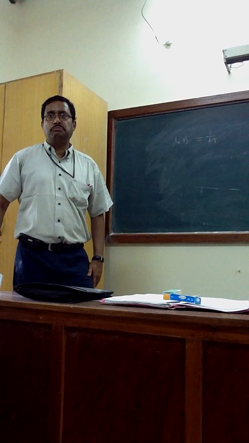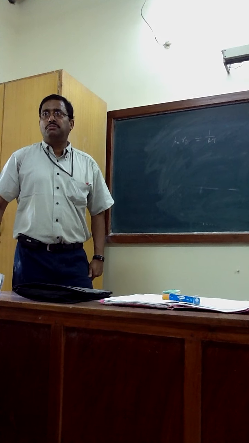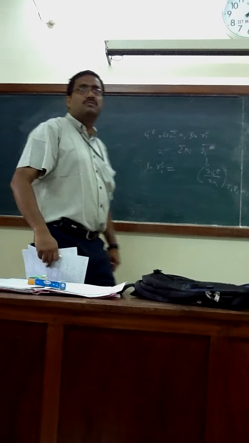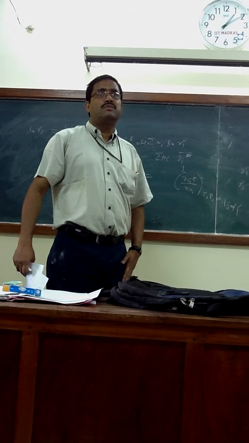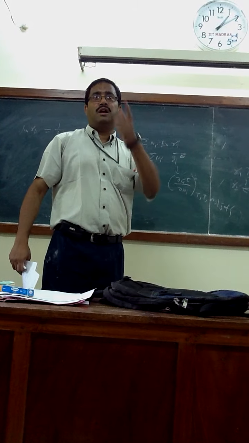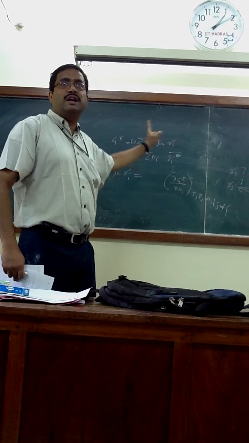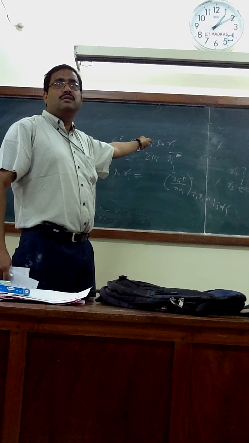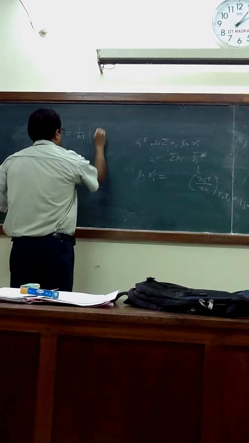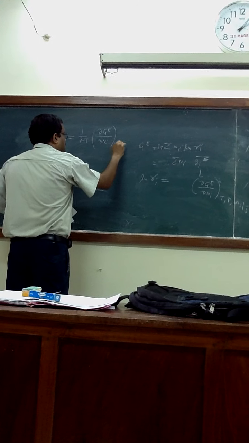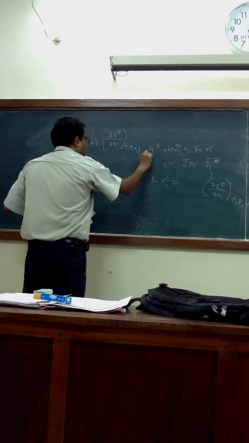Impossible to tell? Yes, who is giving the answer? Panda. Yes. Multiplied by 1 by RT, right? Yes, you have to write that, no? dou GE by dou Ni at T, P, Nj, j not equal to i.